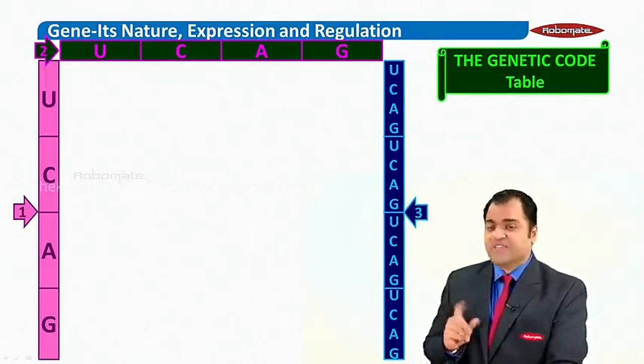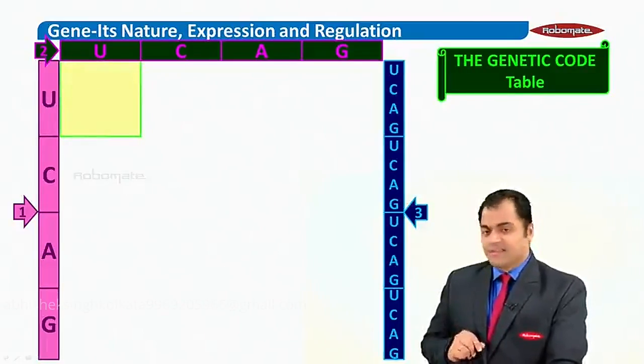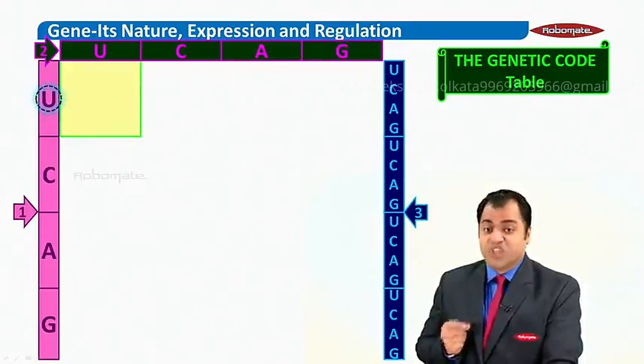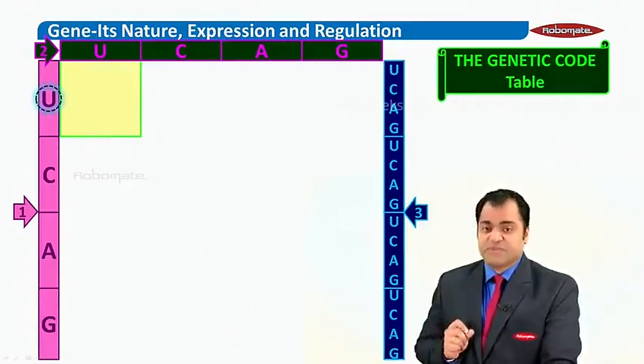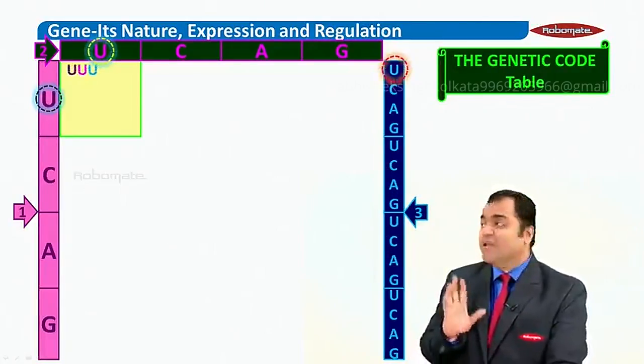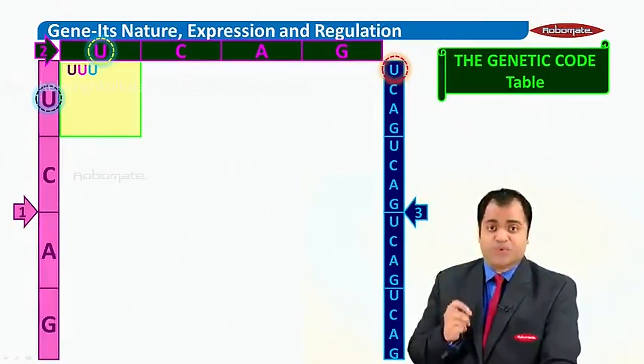Let us start with the first case up there on the left top. How do you fill it? So you start with that first base, which is U, which you take from the first position. You take a U from the second position, and you take a U from the third position, and you fill up the first possibility, which is UUU.